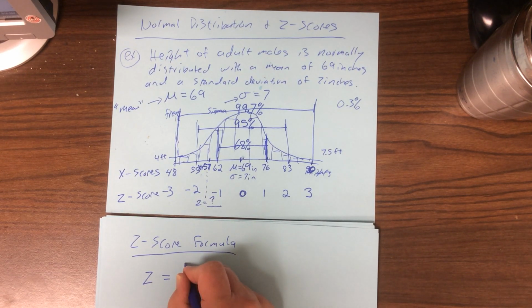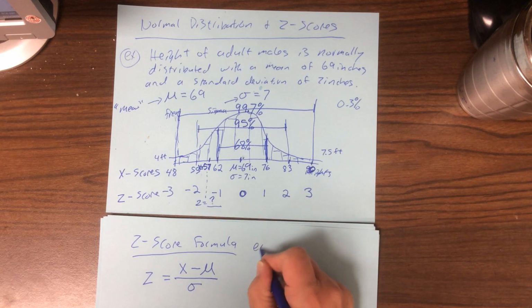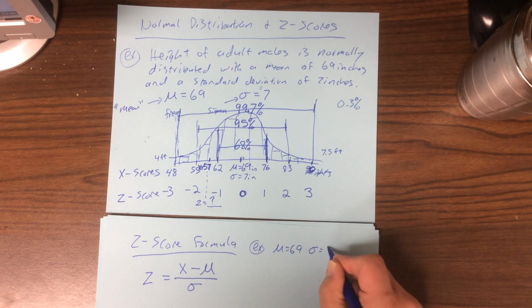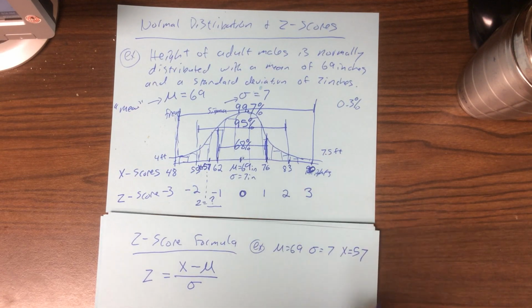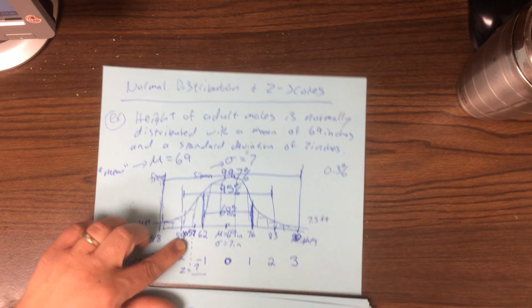Z is equal to the x score, this is the x that you want to convert to a z-score, minus the mean, divided by the standard deviation. For our example here, the mean was 69, the standard deviation was 7, and the x is 57. So the x is the one that I want to convert into a z-score.